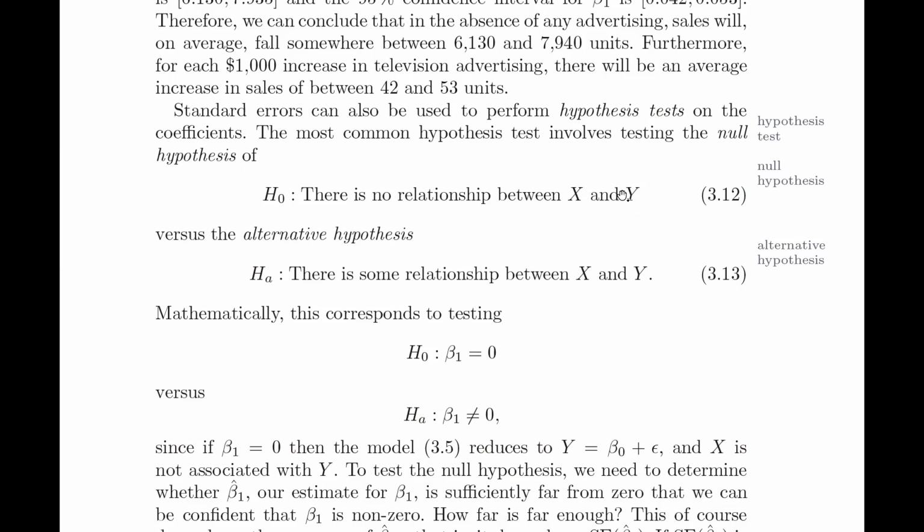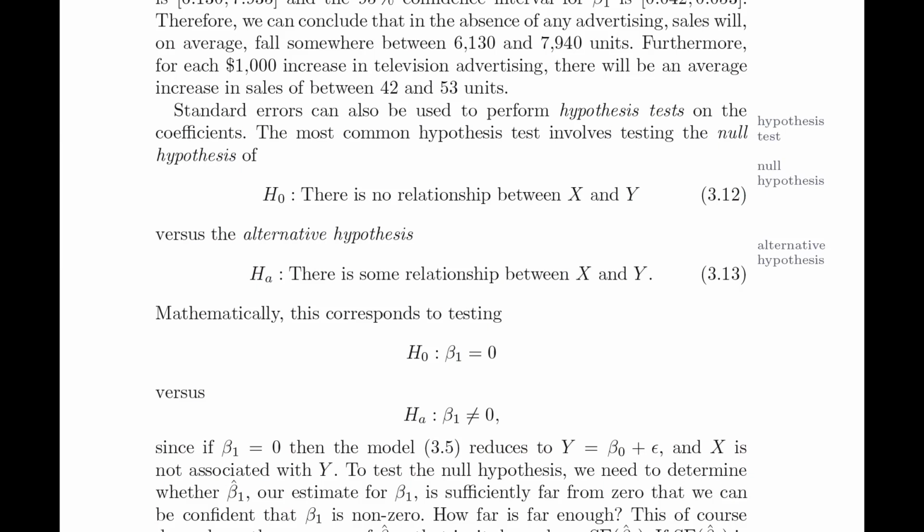The null hypothesis, the status quo, the innocent until proven guilty, is that you assume no relationship. The alternative hypothesis, H1, or else HA over here, is that there is some relationship.